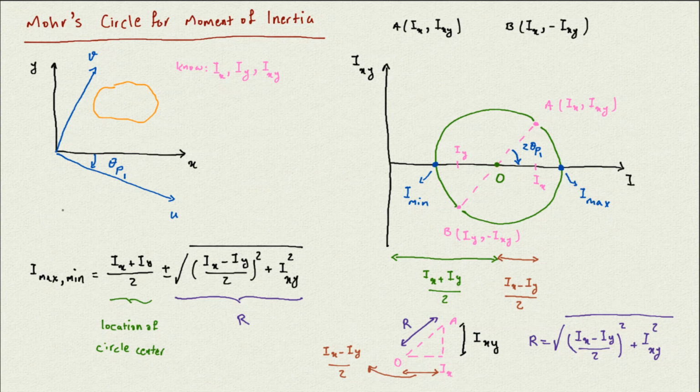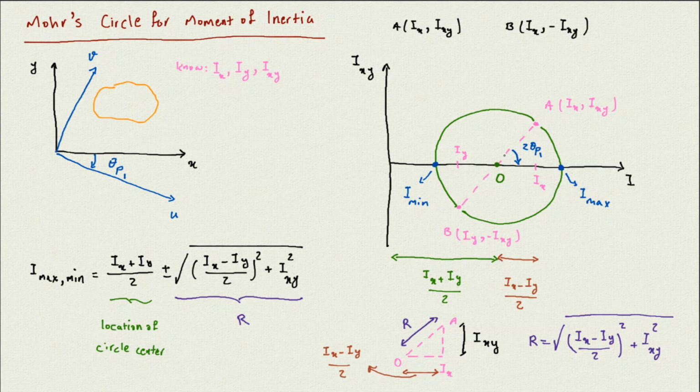So you can do this calculation for finding the maximum and minimum, or where they are going to be located, or theta p, all those values we can do visually by using the Mohr diagram from these calculations.